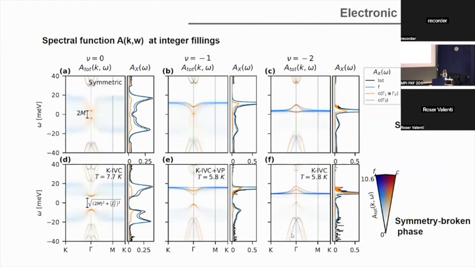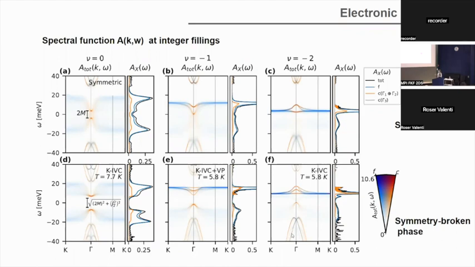So a way now of seeing what exactly is happening in the system is by looking at this spectral function resolved in energy and also in k-space. And here what I'm showing is the system at high temperature, which is called the symmetric phase. At a critical temperature, there is a phase transition into a symmetry broken phase.